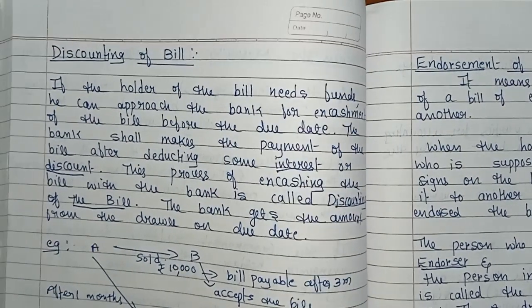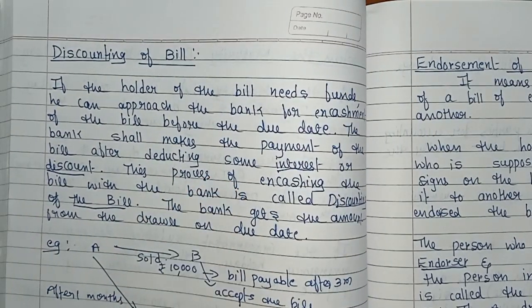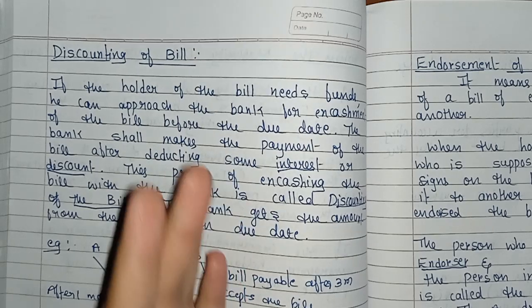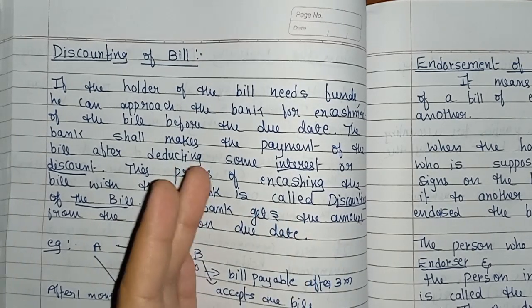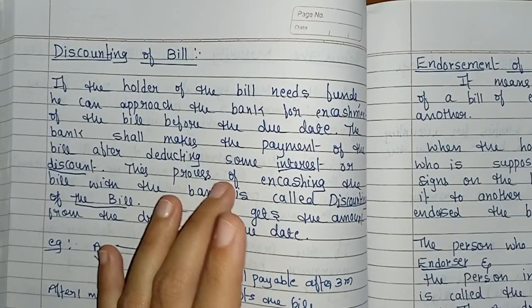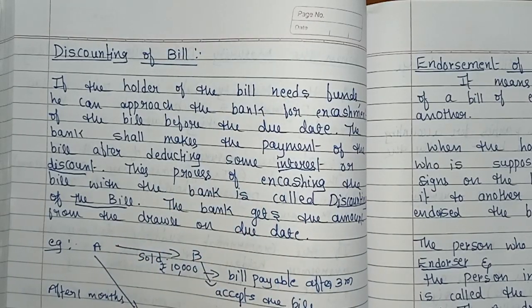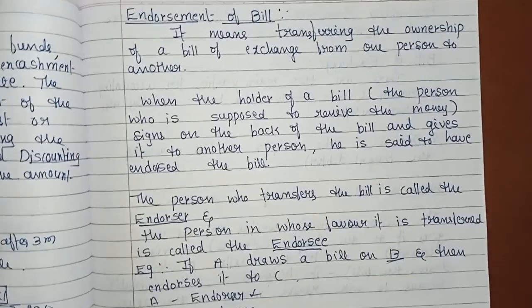Now the next one is discounting of bill. Discounting of bill also applies to both bill of exchange and promissory note. Both can be discounted with the bank before the maturity date to get the money earlier. Clear? And the next one is endorsement of bill.